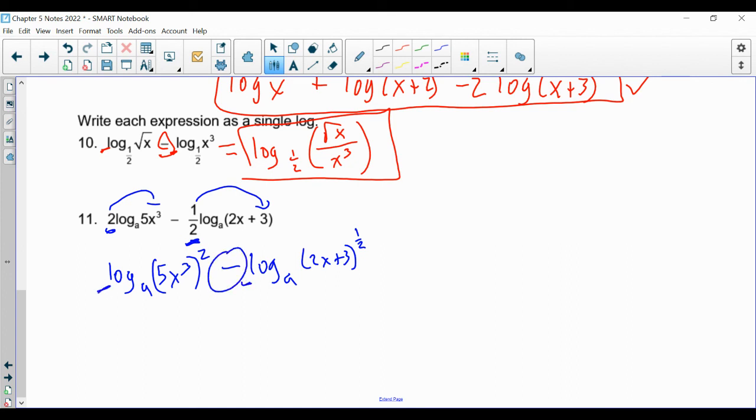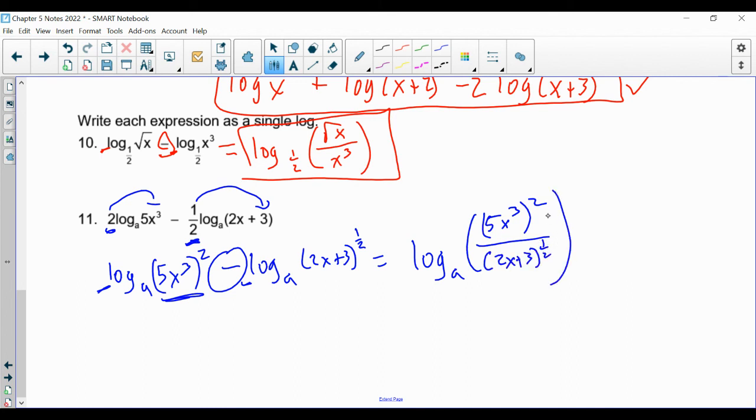And then again, now they both have a 1 in the front. Subtracting is our operation in between. So subtraction means division. And if you wanted to simplify this, you can. I honestly am okay with you leaving it alone. If you left it alone, that's totally fine. So I'll leave this answer as one possibility. Both of those are powers, so that's perfectly fine.